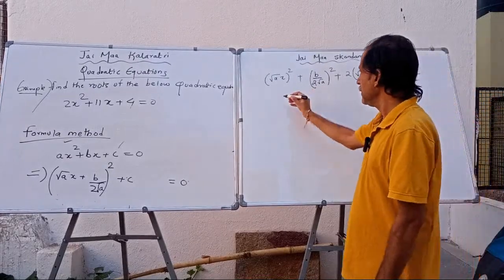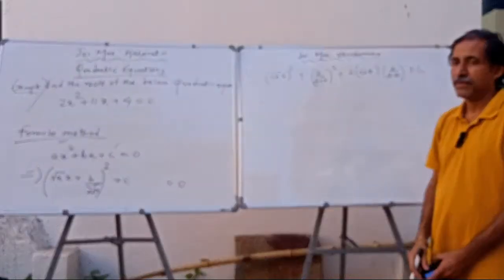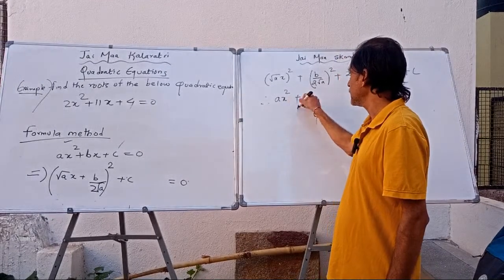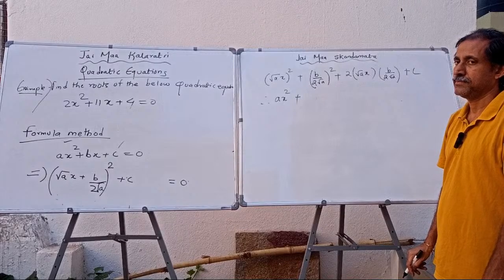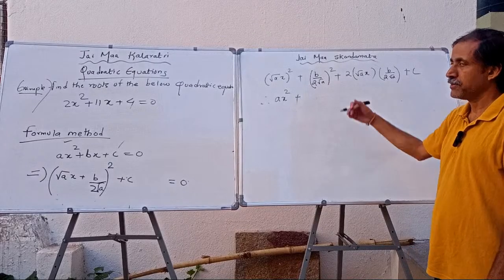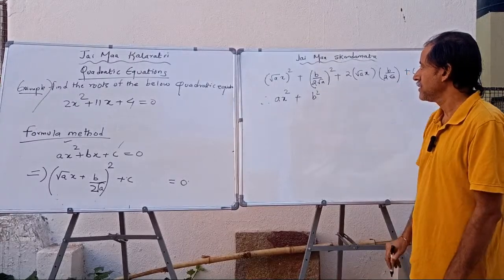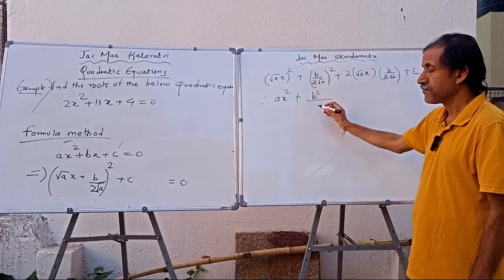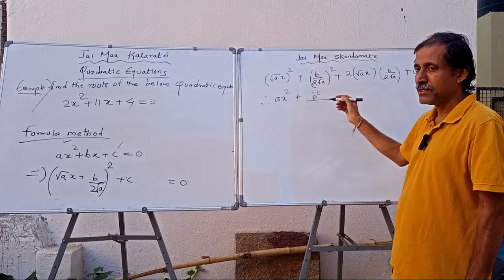Right? So what does this become? Ax square plus, square it, no? b square by 2 square. 2 square is what? 4. 4a.